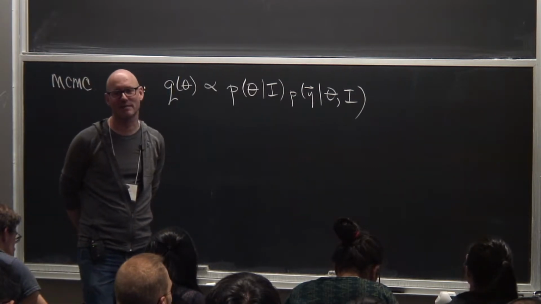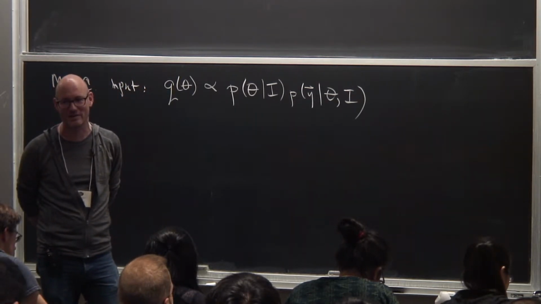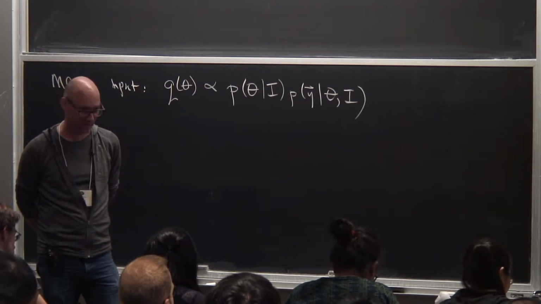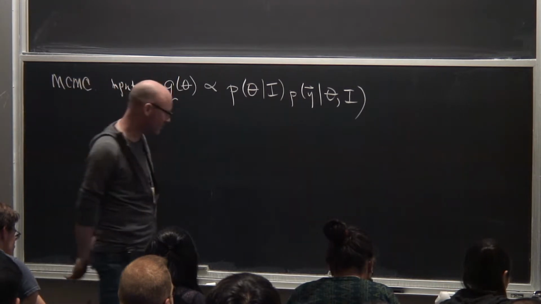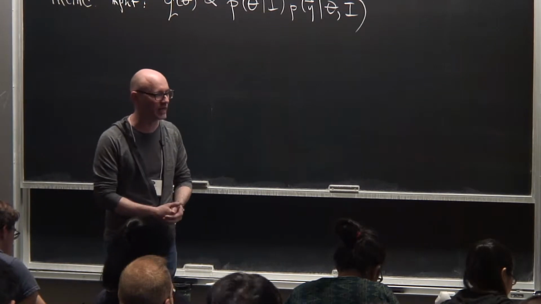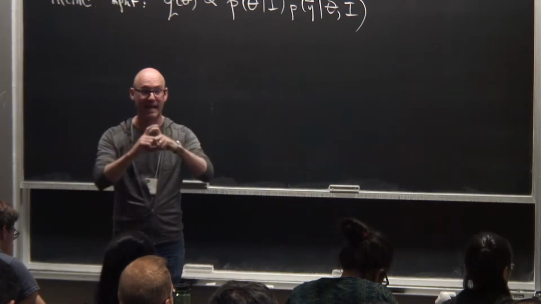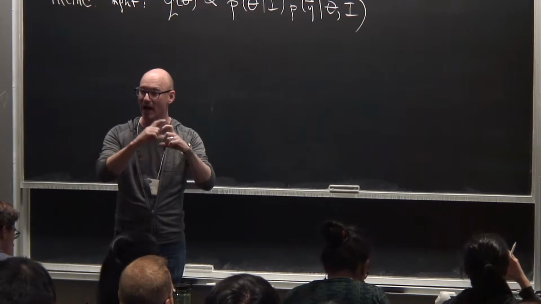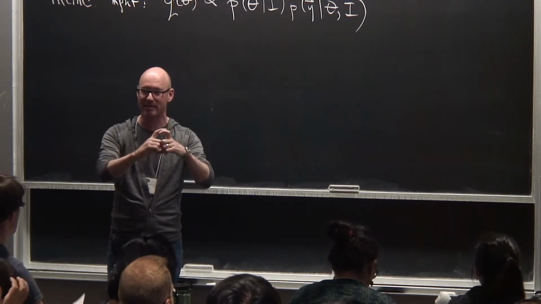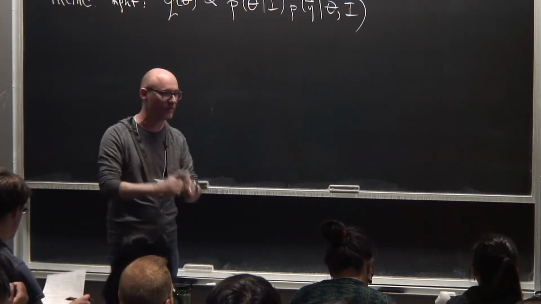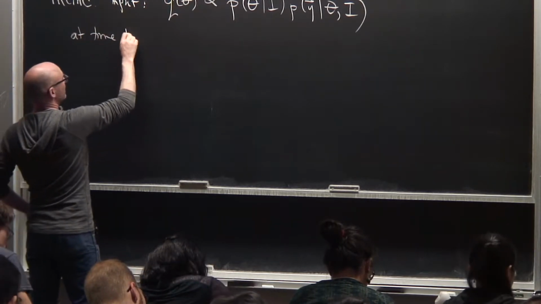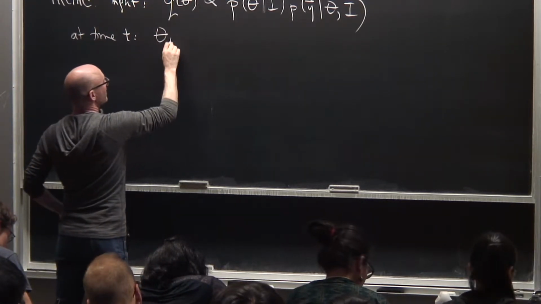And that's partly because MCMC is so beautiful and so simple and so well implemented. And you can write your own MCMC code in about 10 minutes. The code looks like this. It's a Markov chain. What does it mean that it's a Markov chain? It means that we have a state at one time, and we're going to update to a new state using only the properties of the current state. So that's the sense in which it's Markov. And so the algorithm is this. At time t, I have parameters theta t.